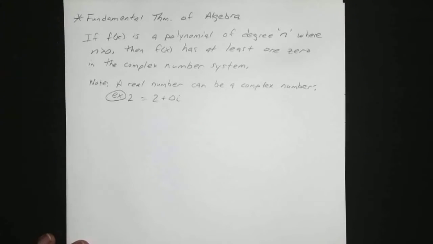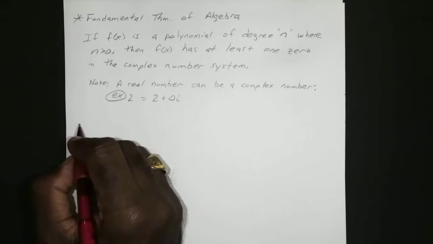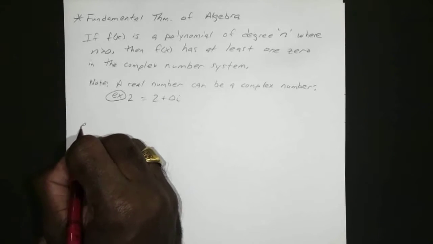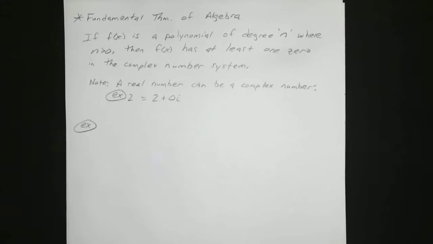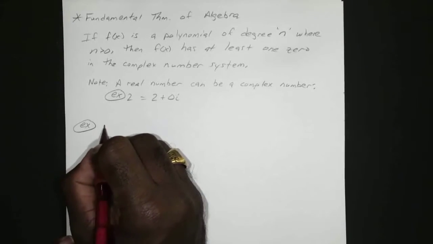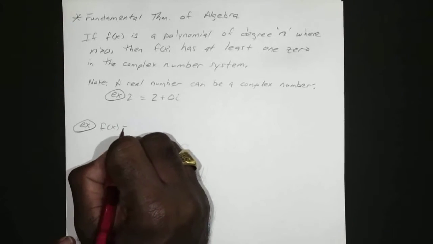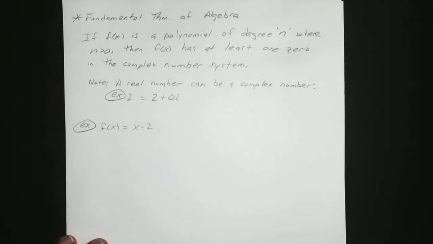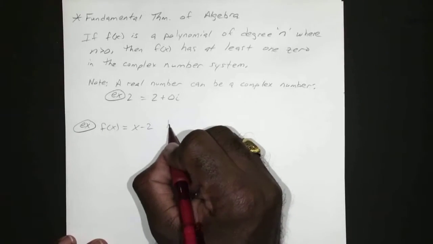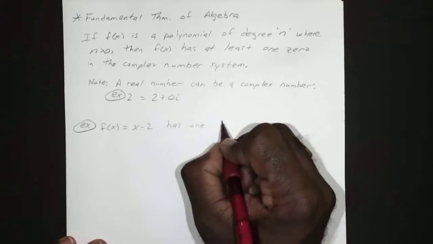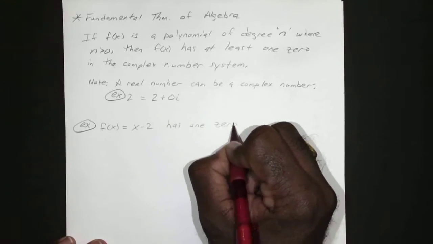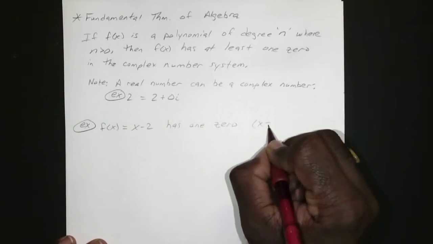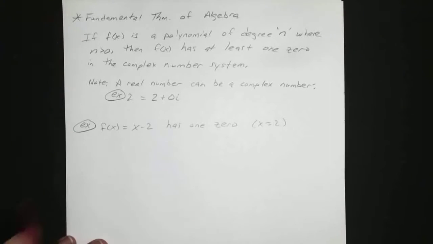Okay, so let's say, for example, just to put that to the test, f of x equals x minus 2. It has one zero, which is x equals 2. If you make x equal 2, f of x is equal to 0.